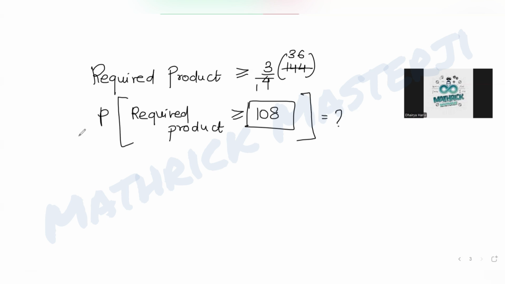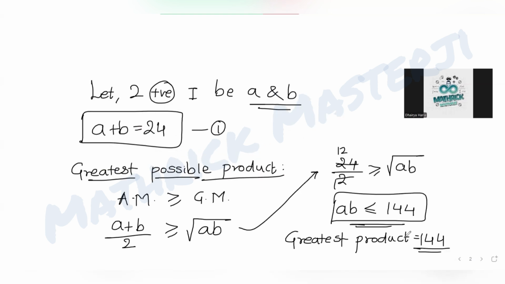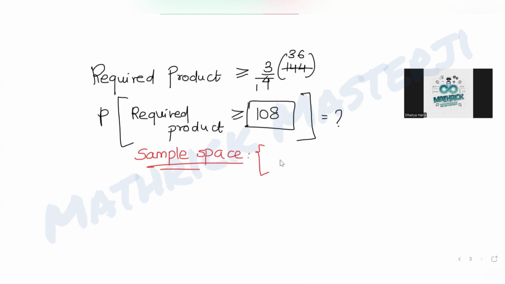Before doing that, first let me define the sample space, meaning how many total possible outcomes I will have. The sum of the two positive integers has to be 24 always, and they have told us positive integers, so I cannot take 0 here. So the first pair I can take is a is 23, b is 1.